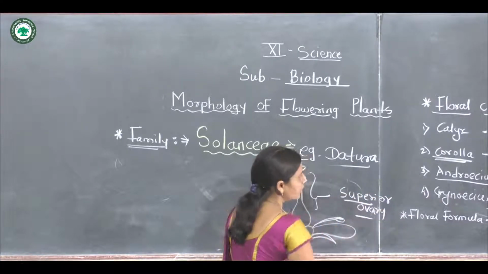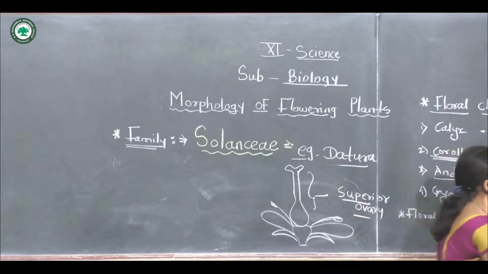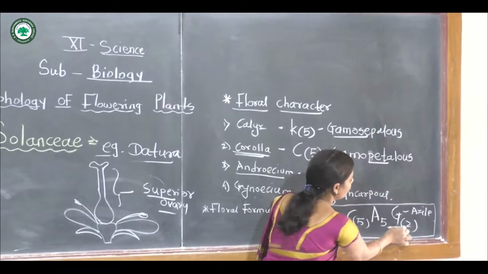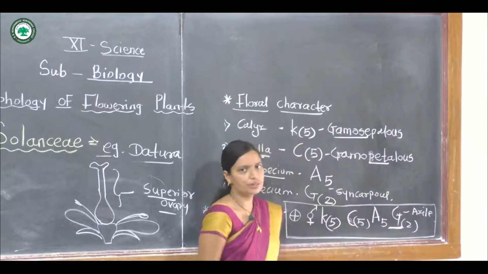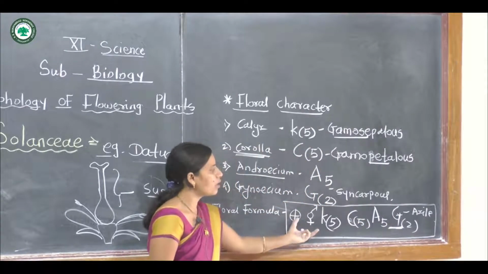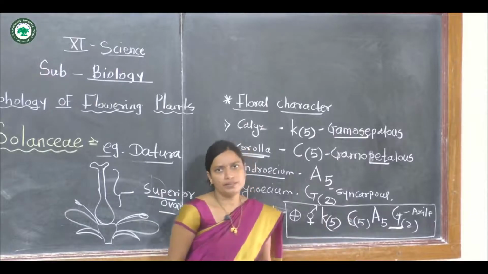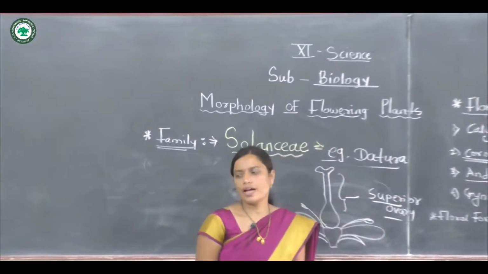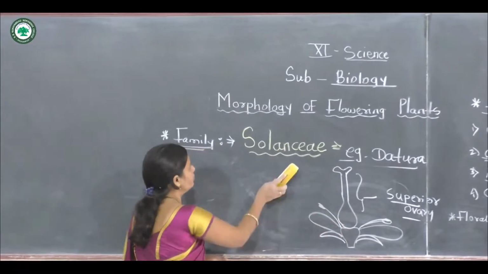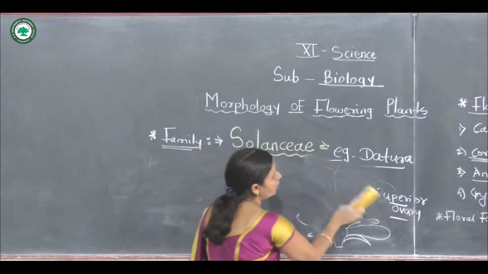The symbol G, gynoecium, indicates the superior ovary. This is the floral formula of family Solanaceae. Now the next point, the floral diagram of family Solanaceae.